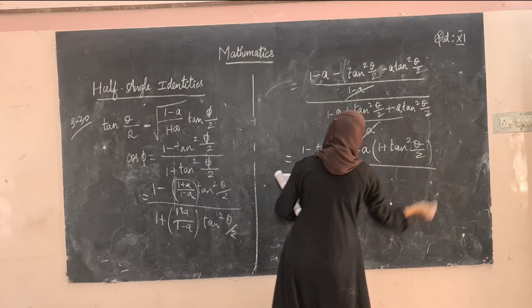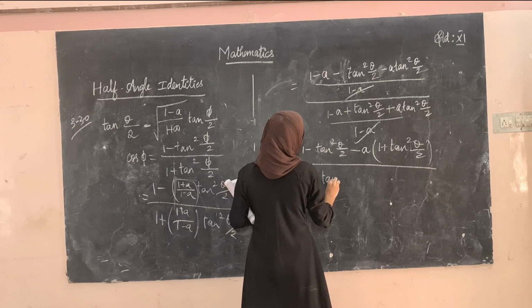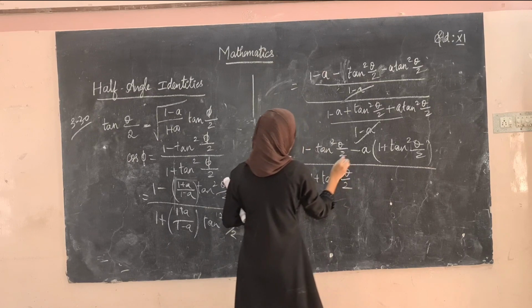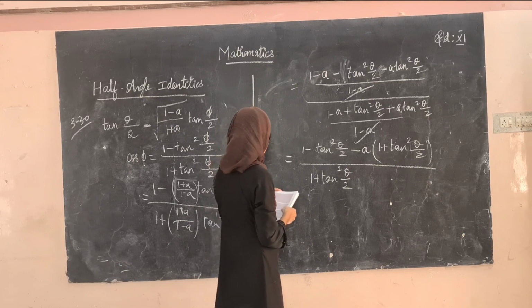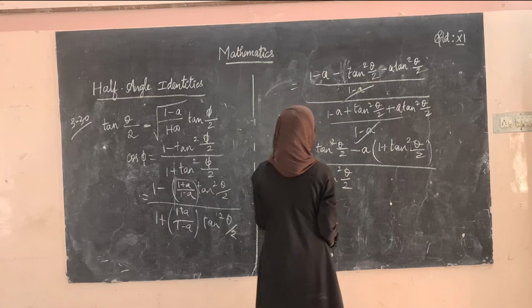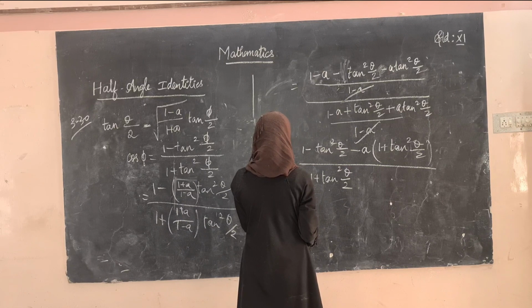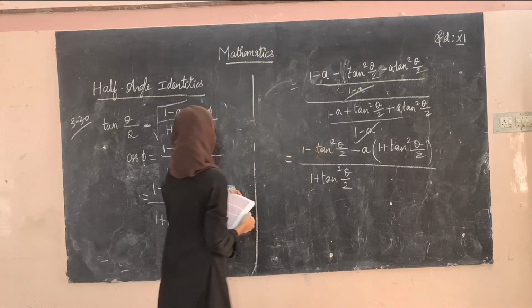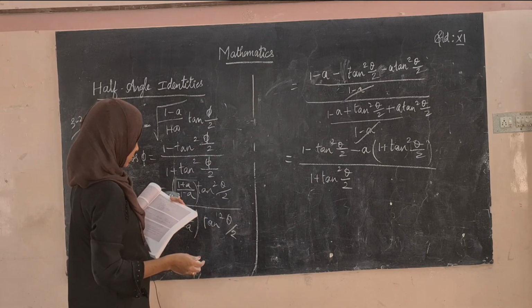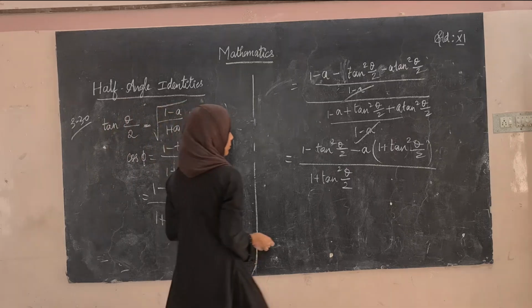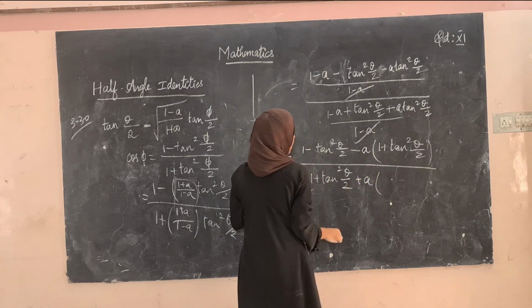The whole divided by this, here also 1 plus tan square theta divided by 2. And again here take plus a or minus a as common.